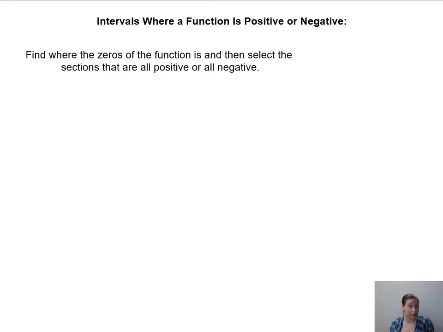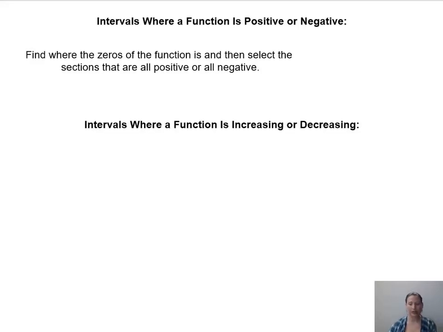That's how you find the zeros of a function, right? And then you can just plug in points around those zeros to see, am I getting positive? Am I getting negative? Sometimes you might be setting that up in interval notation, or just picking if a point is positive or negative. We'll do some examples after this.